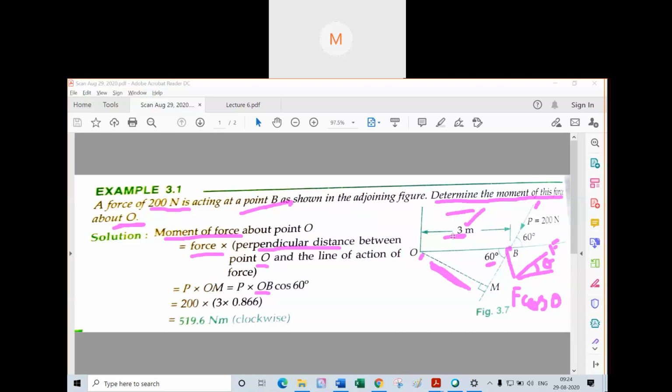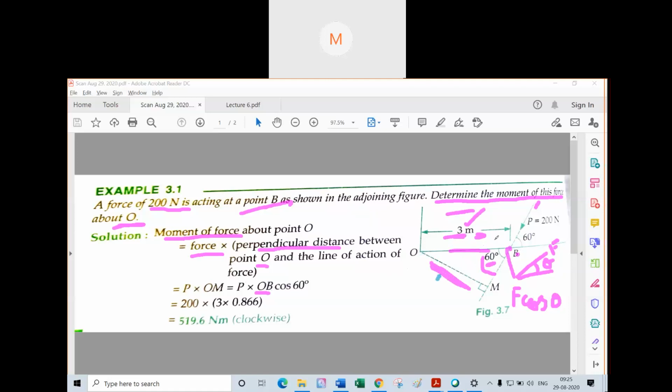Here OB is F. Now OB cos 60 will get you this distance OM. That's it, as simple as that.